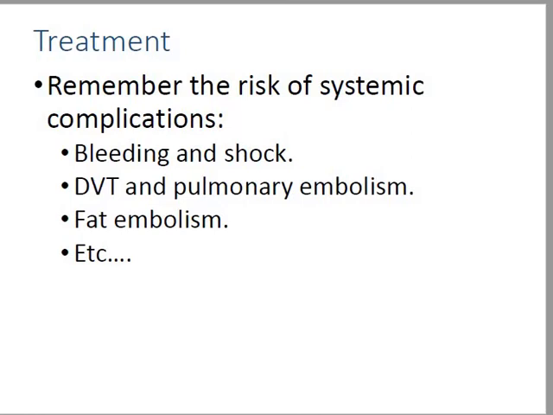We might have DVT and pulmonary embolism from a bedridden patient, and fat embolism, and all the other complications of a bedridden patient. We should always remember them. If you remember these complications, it will be easier for you to predict them, and then you start the treatment as soon as you suspect one of them.